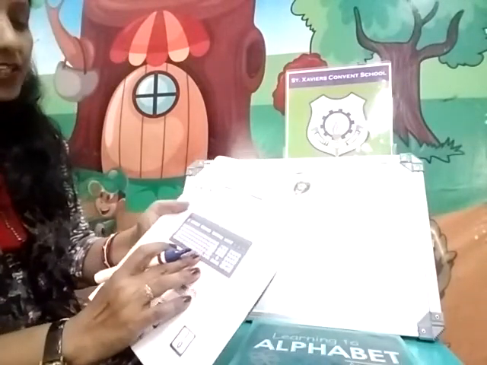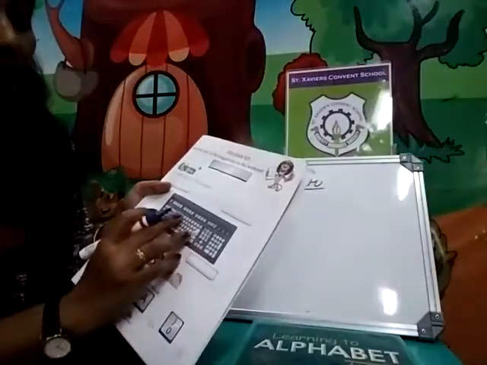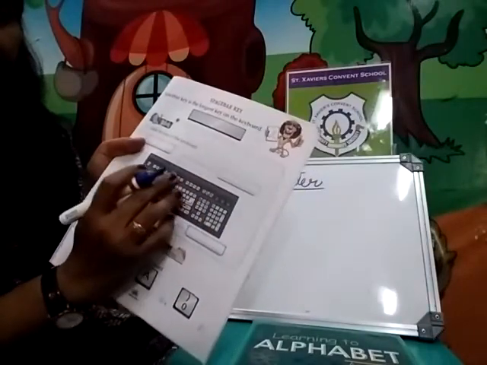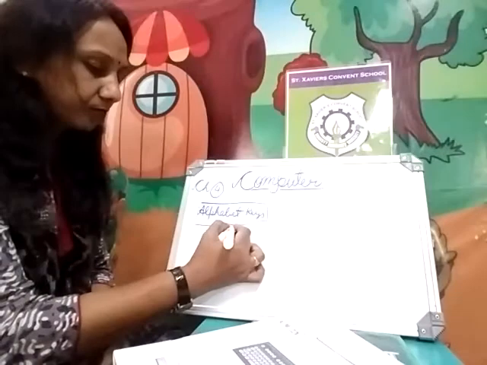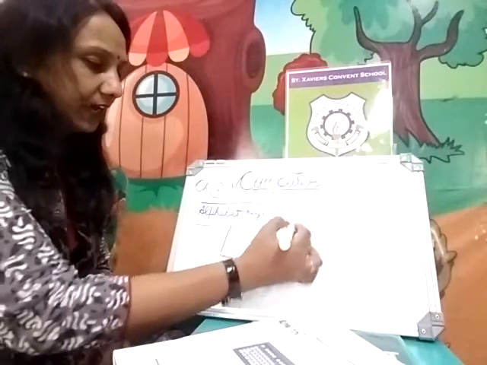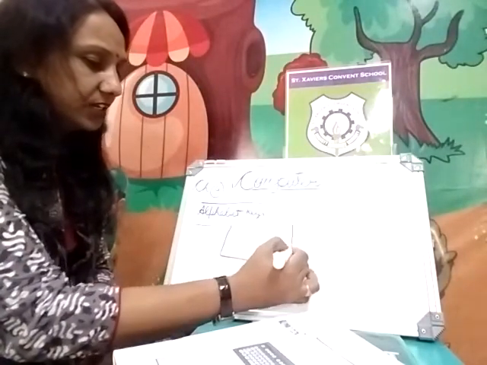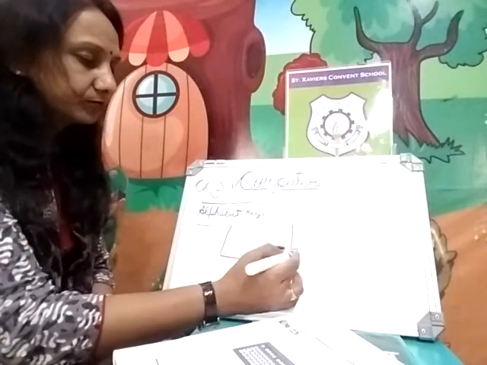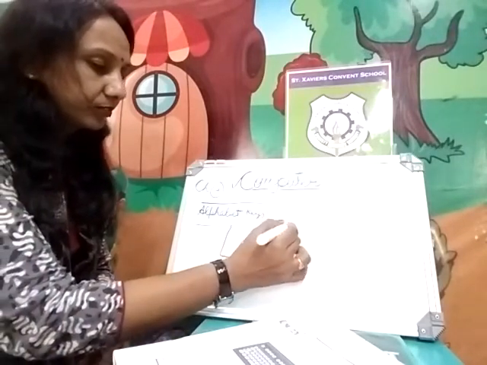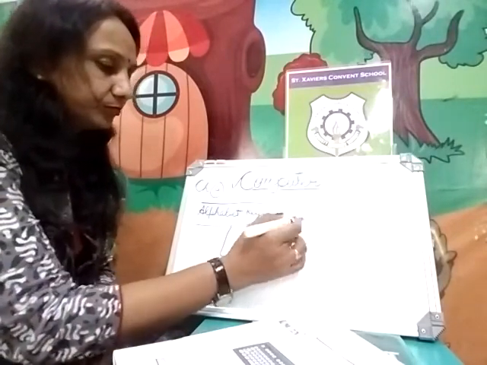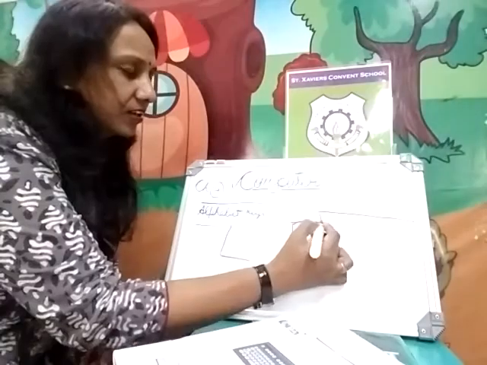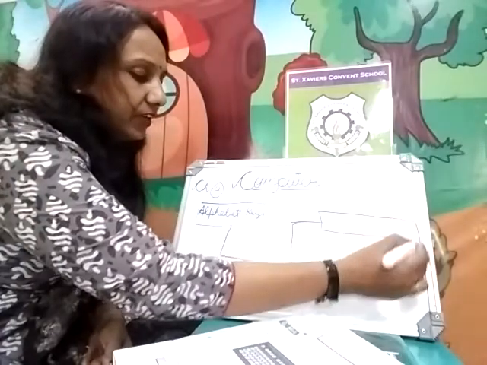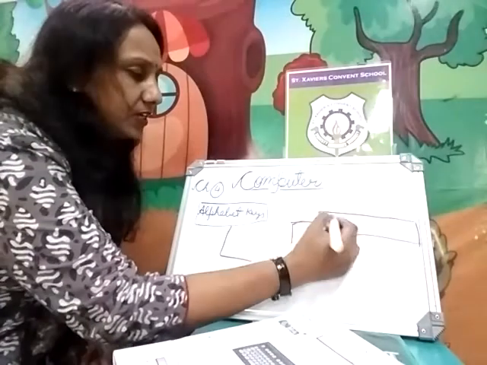Now next you see the numbering. What is the green color showing? This red, and this green showing what? Which keys? Here you will fill number keys.